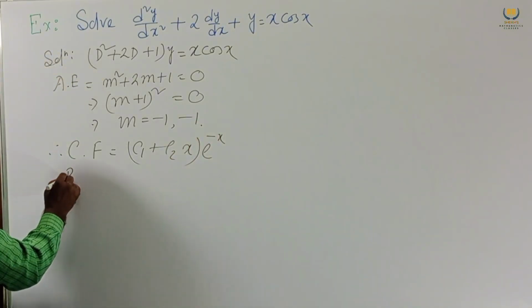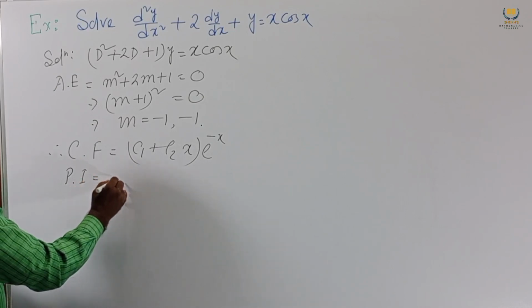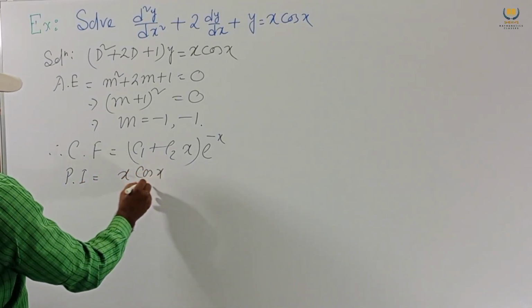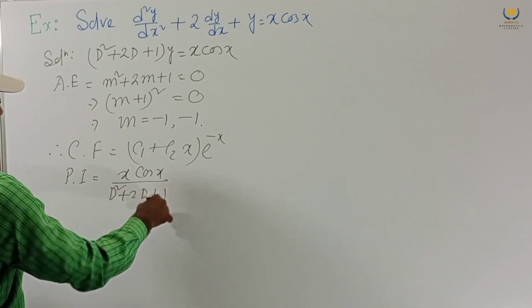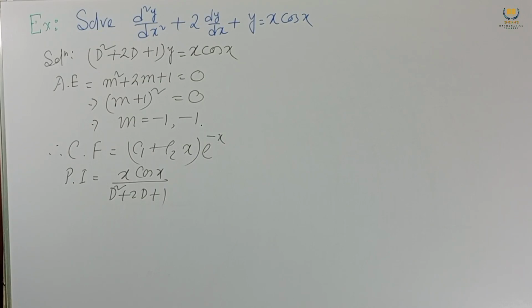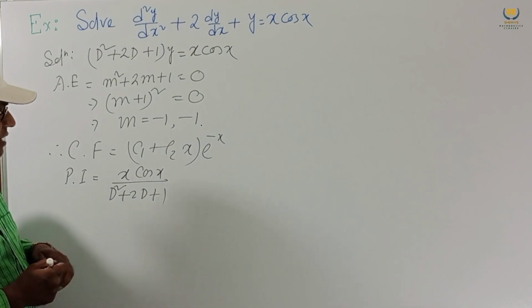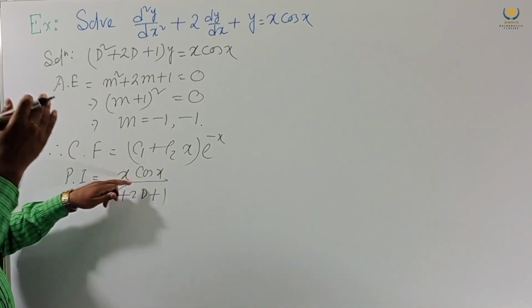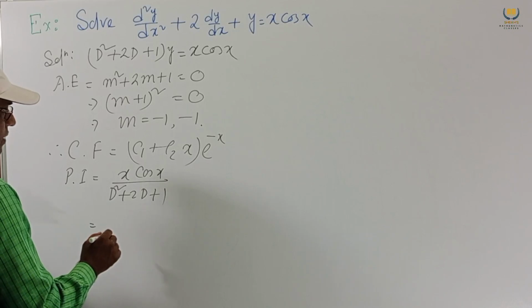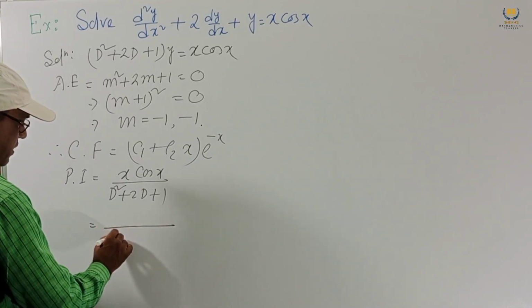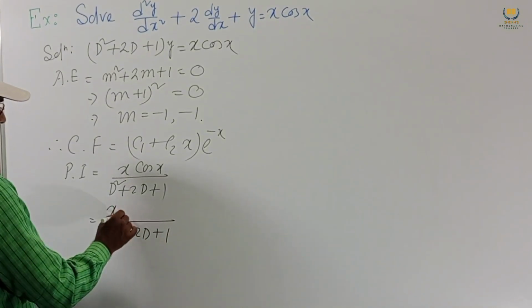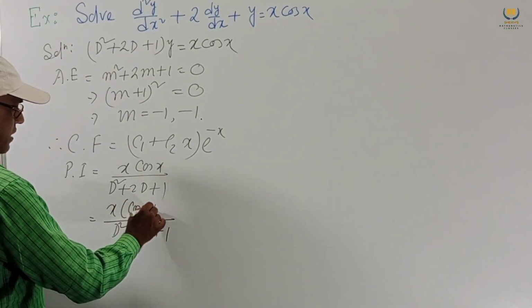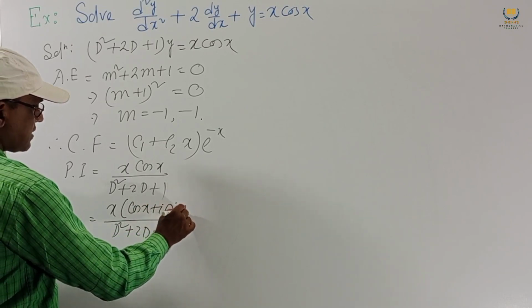Now the particular integral. Particular integral is the right hand side divided by D square plus 2D plus 1. Now in this problem we get algebraic and cos. We remove cos and write it in this way: 1 by (D square plus 2D plus 1) x (cos x plus i sin x).